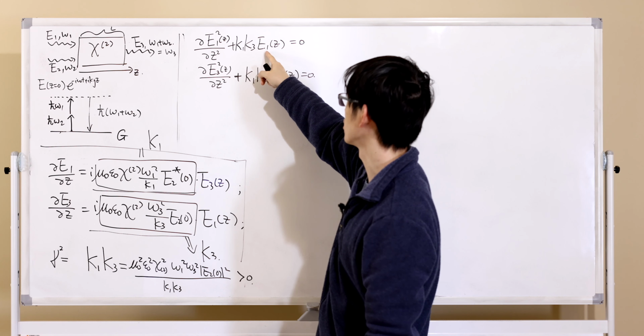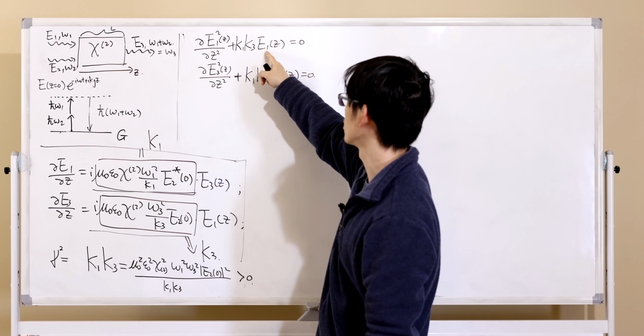Omega 3 divided by omega 1, right? And as you can see here, because it's sum frequency generation, omega 3 is omega 1 plus omega 2. So omega 3 is always larger than omega 1, right? It's always the case, and a lot of times omega 3 is actually much larger, because usually you would set omega 1 and omega 3 to be relatively close to each other.